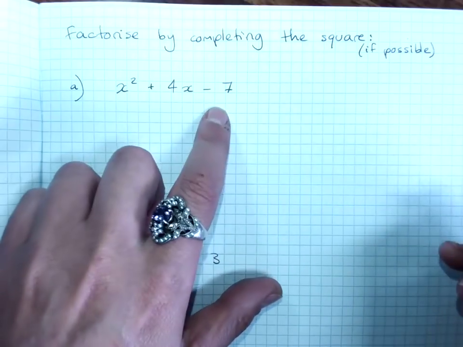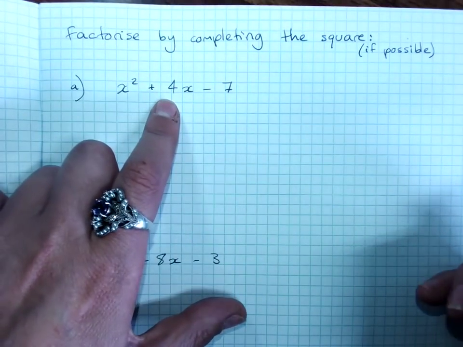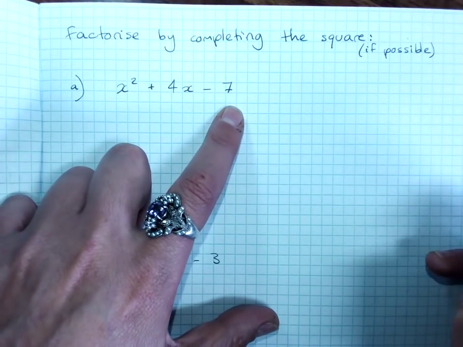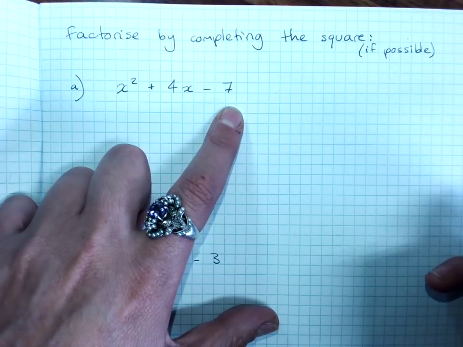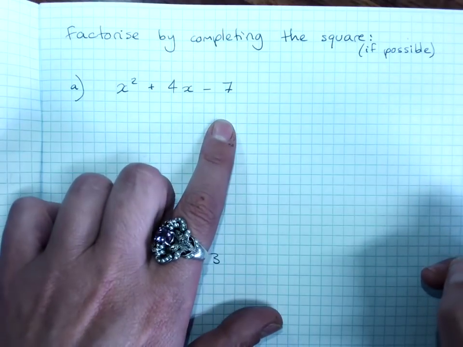But there's no factors of negative 7 that add to give me 4. You'd probably sit there and look at it for a while and go, okay, well 7 and 1, no, none of it works.